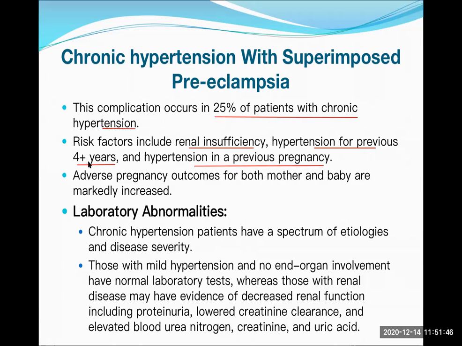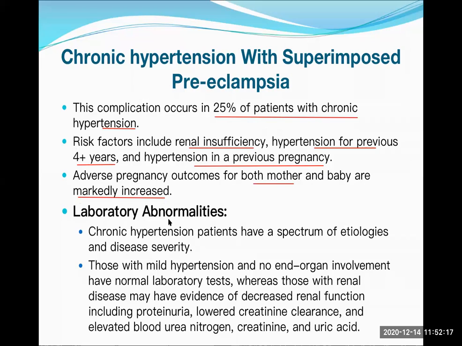It is not a very long time ago, like 10 or 15 years ago. It is within 4 years or a bit before that. Adverse pregnancy outcomes for both mother and baby are markedly increased. We already discussed the prognosis here. In case of superimposed preeclampsia on chronic hypertension, there is 10 times more chance of fetal loss. So that tells everything for us.